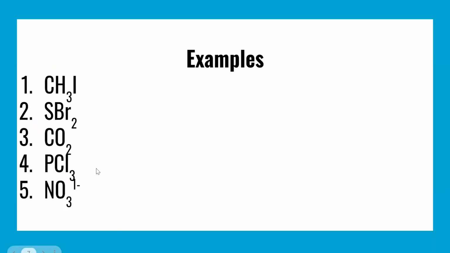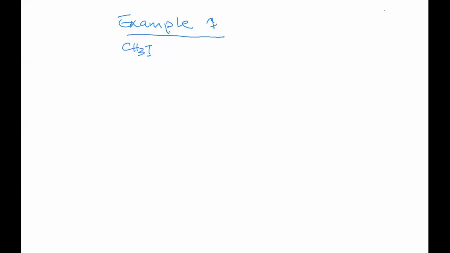These are the examples we have to do together. So we start with the first one. Step 1 is to calculate the total number of valence electrons. Carbon, 1 times 4 is 4.